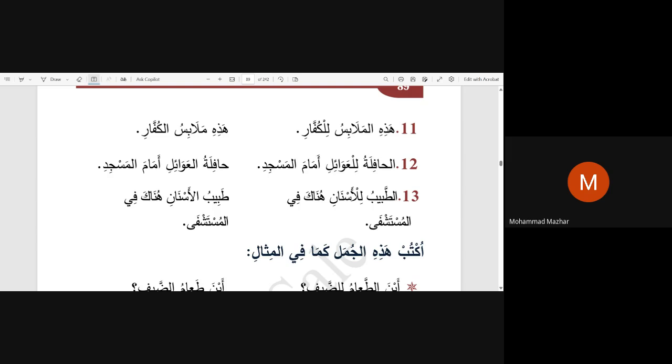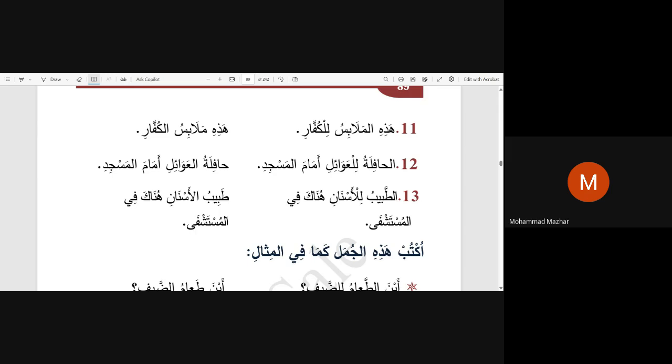The bus for the families is in front of the masjid, right? So I want you to understand, amam al-masjid is mudaf ilayh, but it doesn't convey possession. It doesn't convey in front of the masjid.